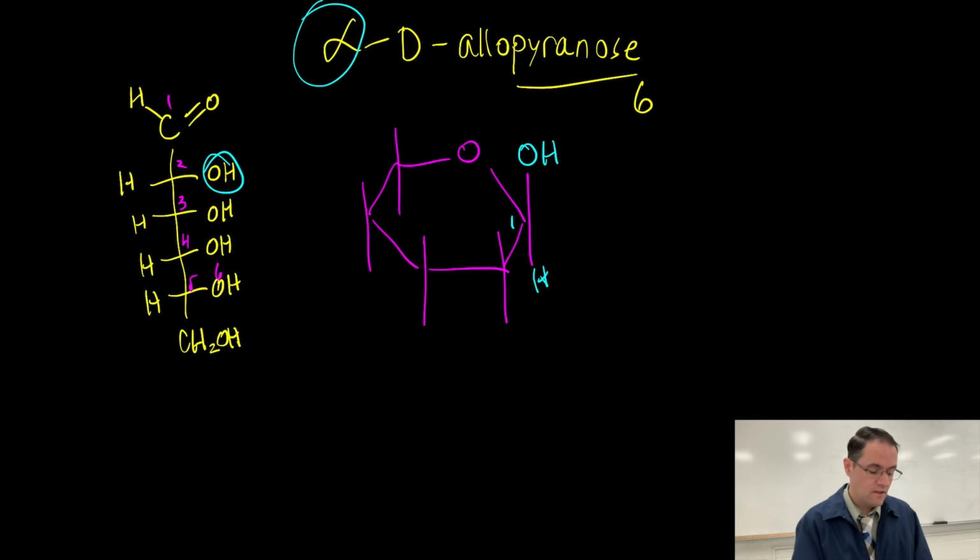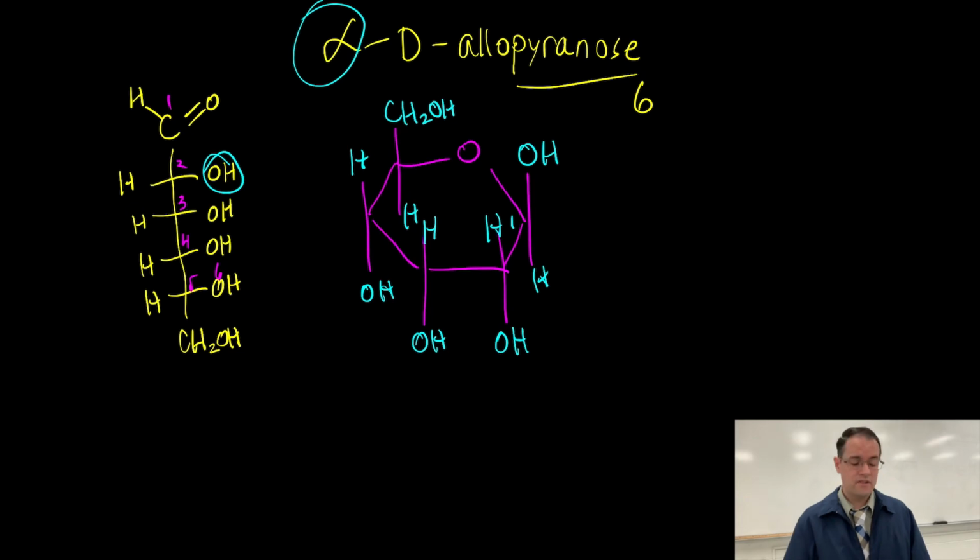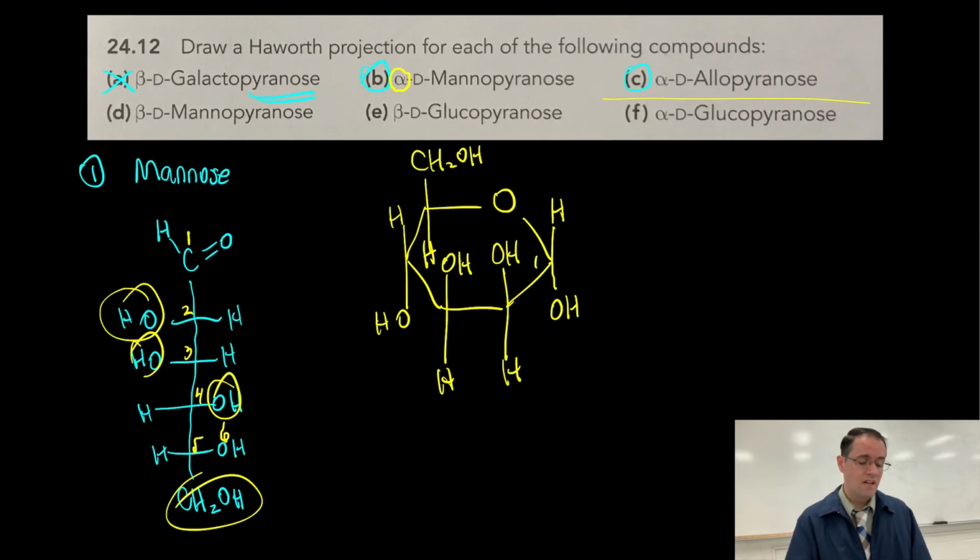So we're going to have all of these guys pointing down, down, down, down, okay? Next, we have CH2OH on the remaining, and we fill in the H's everywhere, okay? So that right there is alpha D allopyranose, okay? I urge you to do the rest of these on your own and Google, find out if the structure you've drawn is the correct Haworth projection, okay? It's easy to check these.